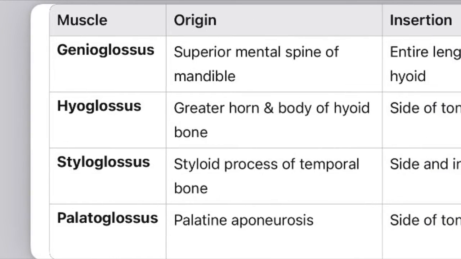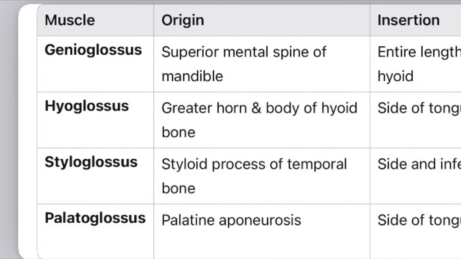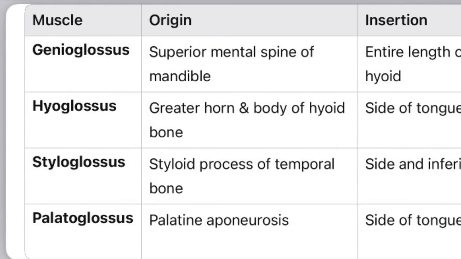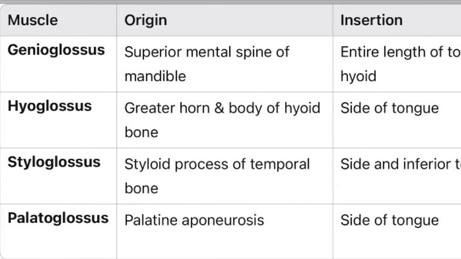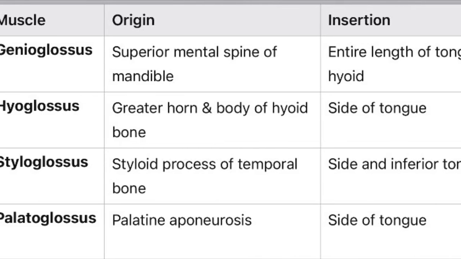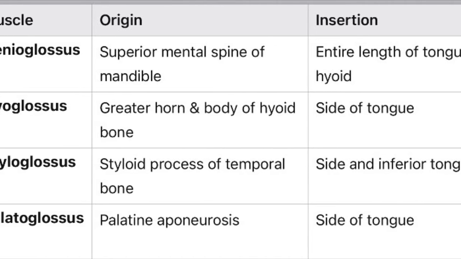Extrinsic muscles. Genioglossus arises from the mental spine of the mandible and inserts on the lateral or inferior tongue, which depresses and protrudes the tongue.